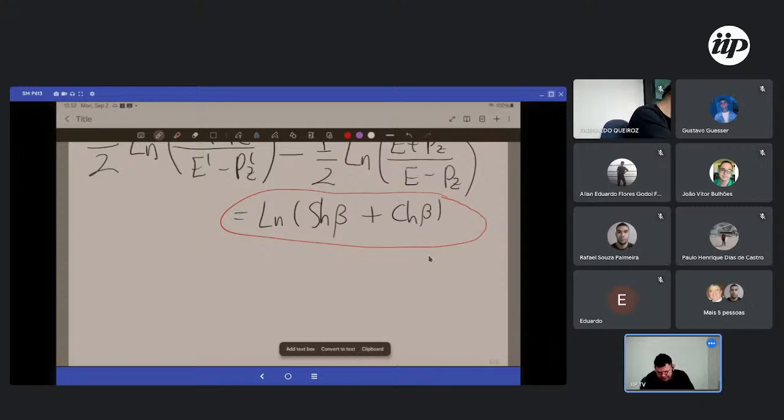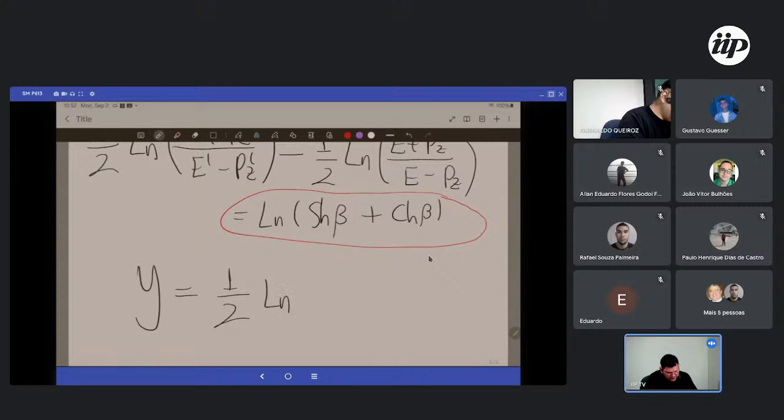rapidity, which we denote y, one half of the logarithm. This is the quantity that we are going to use to analyze our data in the Compact Linear Collider.